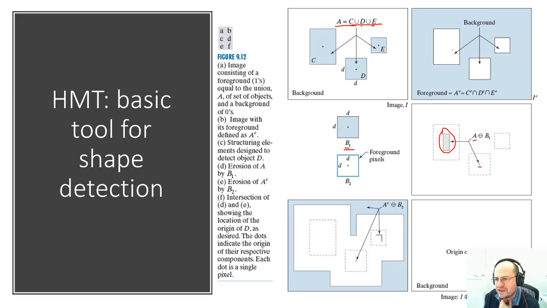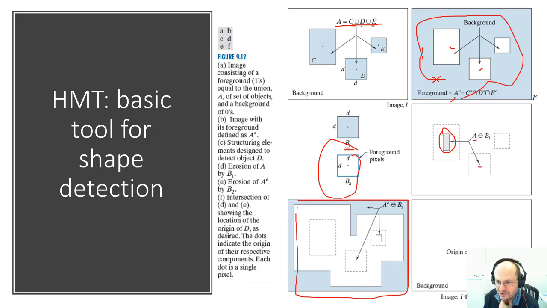The background are these objects, and the foreground will be the old background, and I'm going to use B2 to erode that. By using B2 to erode the background that's now turned into foreground, what I end up with is this object here.